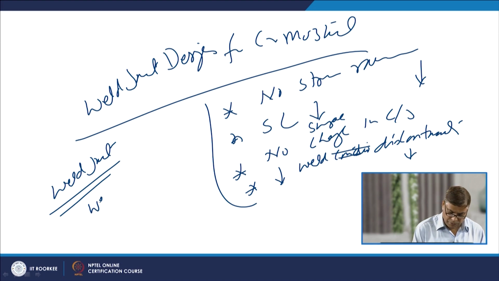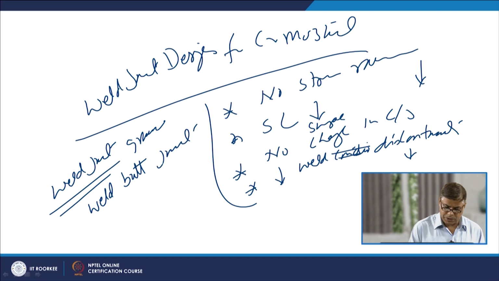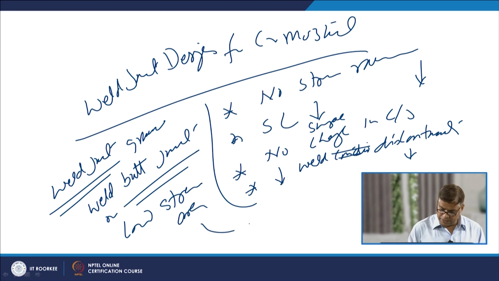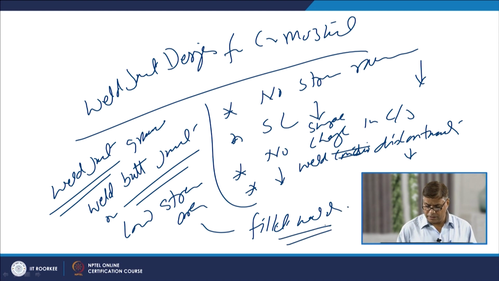So, normally for a high strength weld joint, a butt joint is used, and if the weld joint is in low stress areas, then only fillet welds are used.